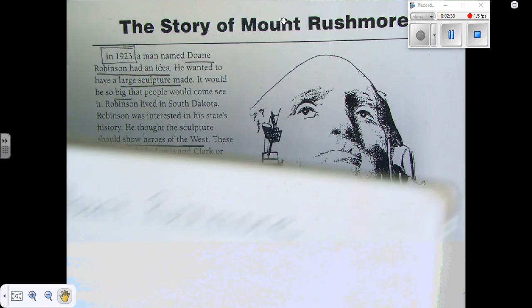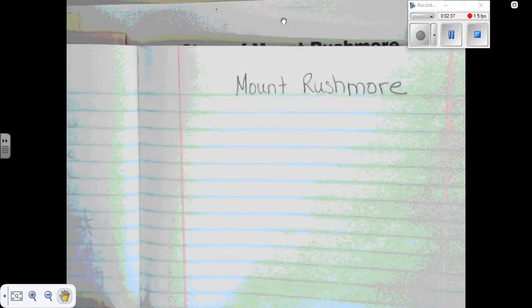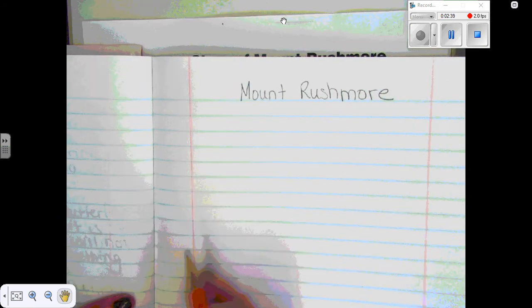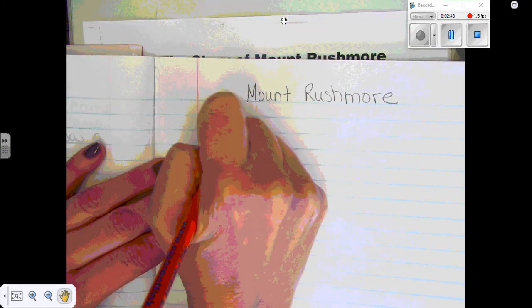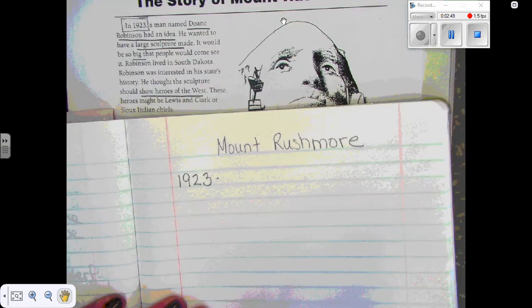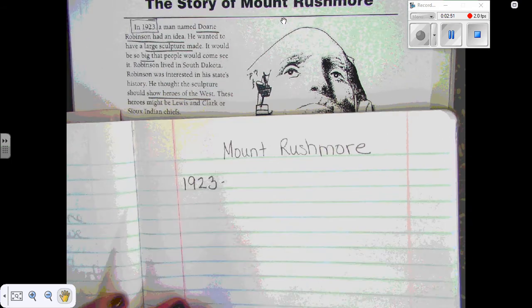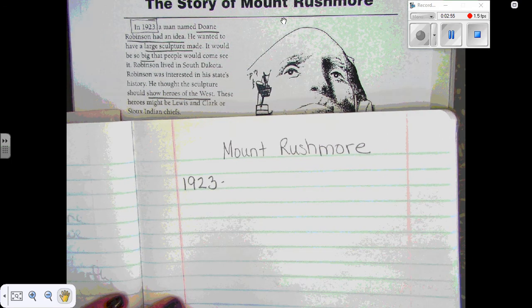So in here, I have my notebook page set up. My topic is at the top, Mount Rushmore. And my first piece of information is going to be the year 1923. I'm not going to put all of this exactly how it is in the article, but I'm going to summarize it in a sentence to be able to say what happened in 1923.